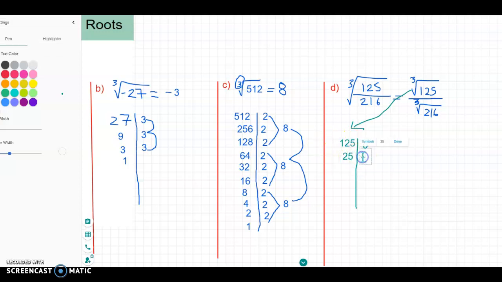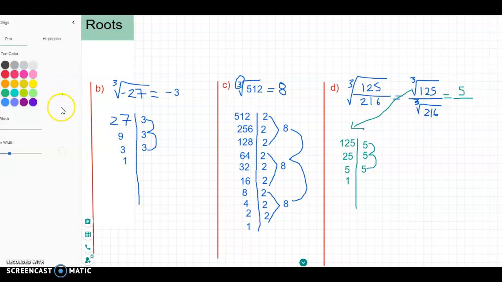If you divide again by 5, that will be 5. And 5 divided by 5 is 1. Okay? So we don't have to make groups here because we already have the result. 5 times 5 times 5 will be 125. So the result for the first one will be 5. We already have the numerator.